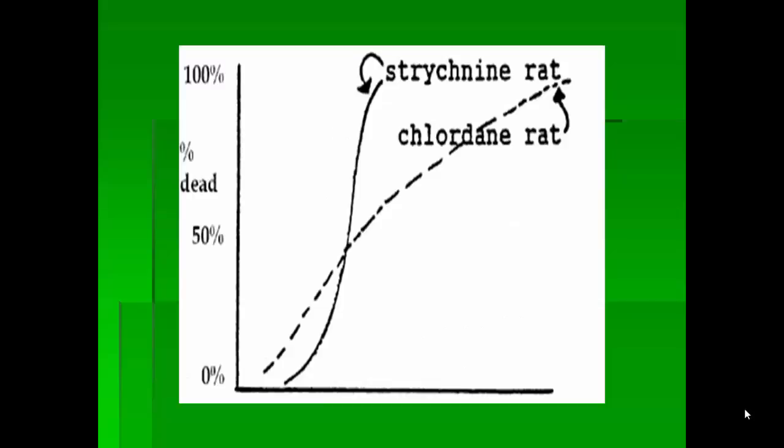As you may have already noticed, there are some caveats when interpreting the LD50, and that is it's not going to tell us anything about the shape of the dose response curve. On this graph, we can see that the value of the LD50 for strychnine and chlordane in the rat are the same.